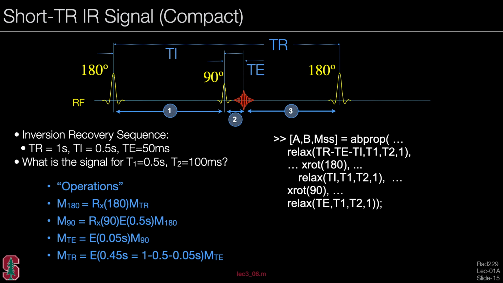So that's one single function call to simulate this whole entire sequence, as long as we pass it the correct arguments, which we of course have to be careful about. And of course that gives us MSS, and it gives us exactly the same answer that we saw before. So this is to show you that you can simulate these sequences really in one line of MATLAB code if you want to do it that way.